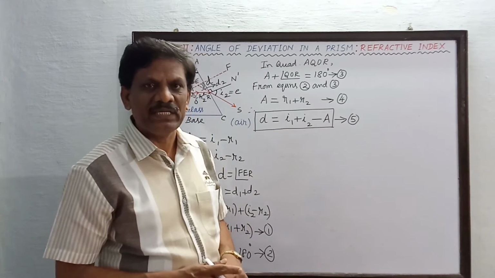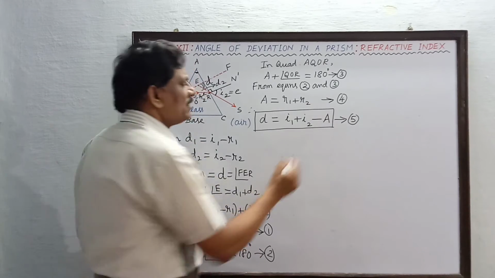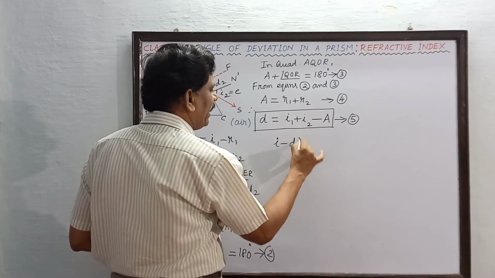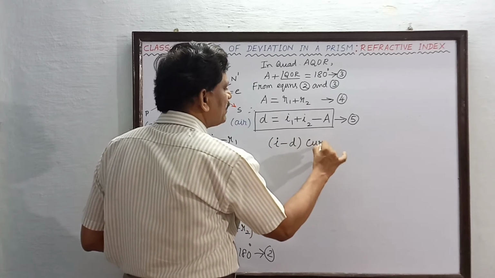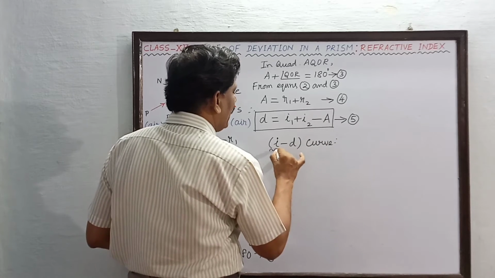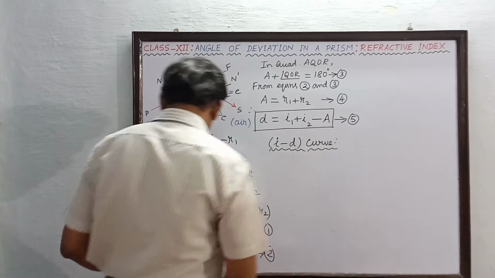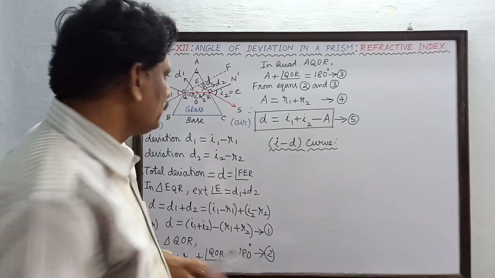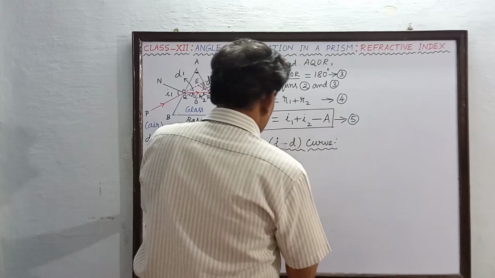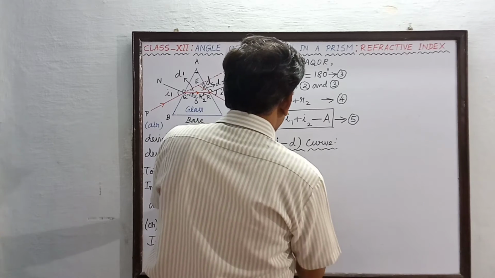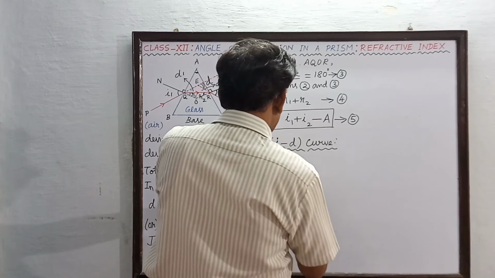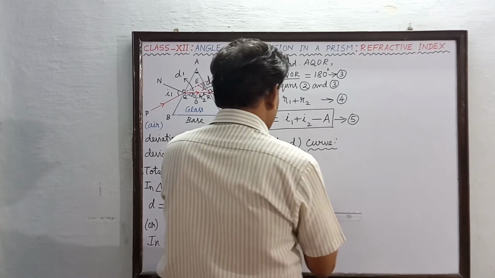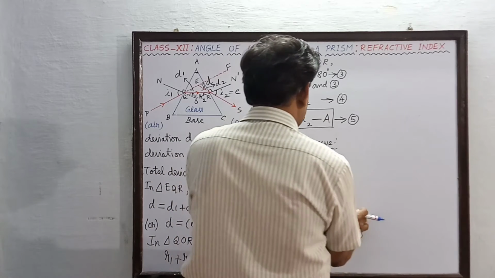You must remember. Okay. Now I am going to draw a graph between the angle of incidence and the angle of deviation, and this curve is called as the I-D curve. So I will take the angle of deviation along the y-axis and the angle of incidence along the x-axis.